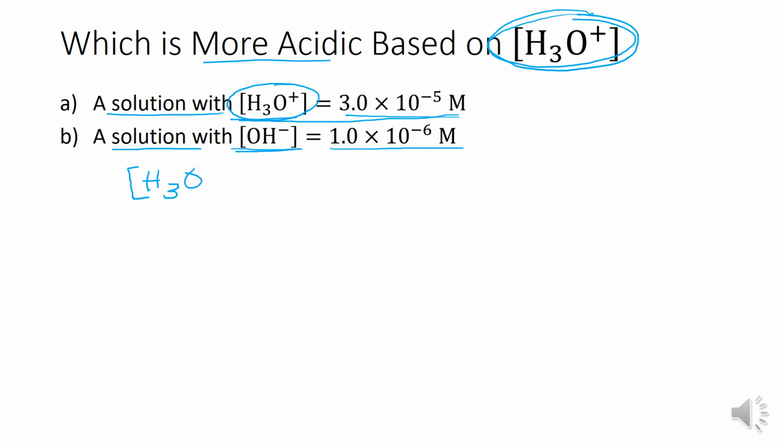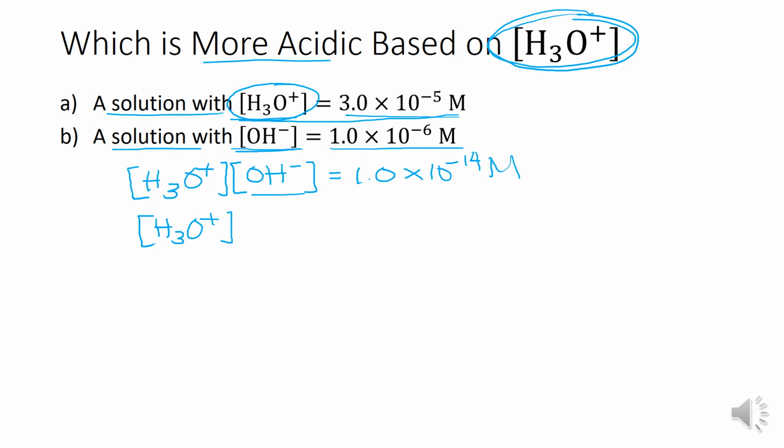So you have the hydronium ion concentration times the hydroxide ion concentration, that is equal to 1 times 10 to the negative 14 molarity. So we simply have to plug in the given value of hydroxide ion into this equation. Since the hydronium ion concentration is the unknown, let's copy that as is.